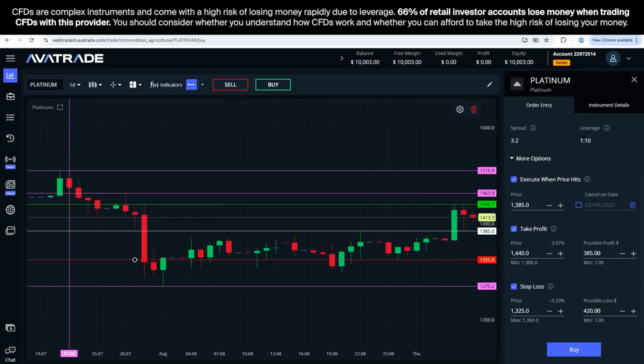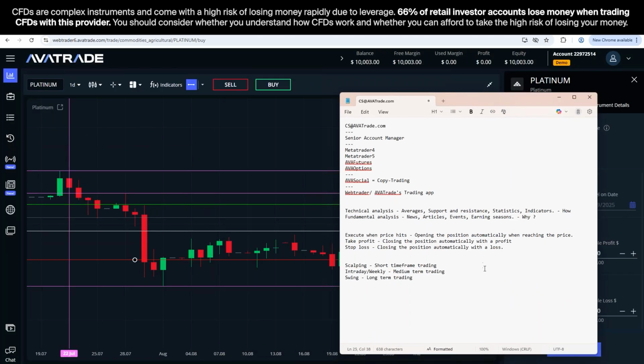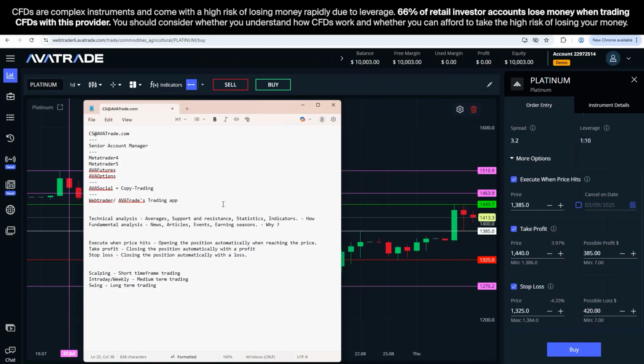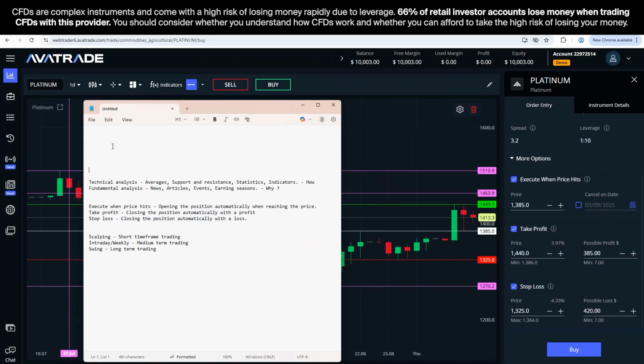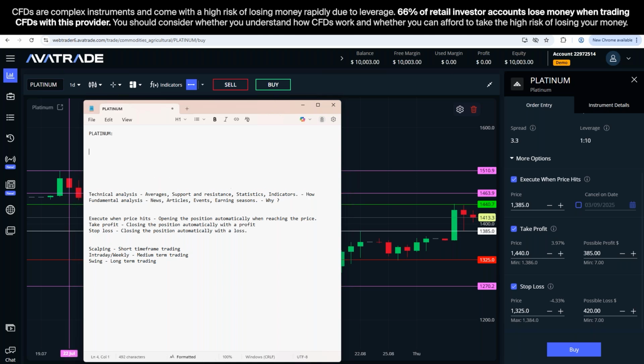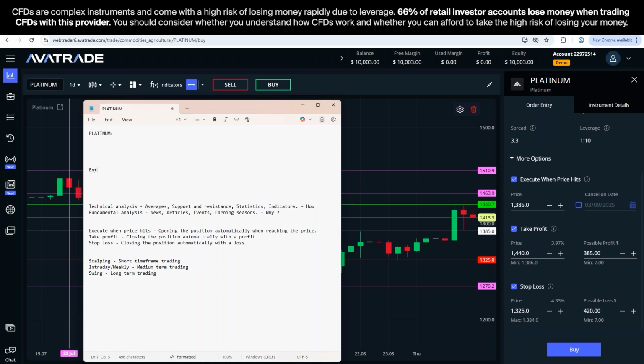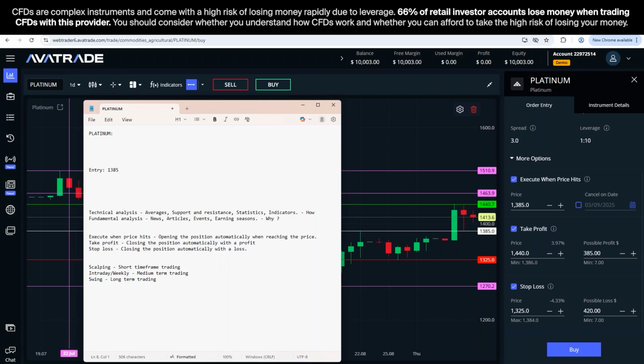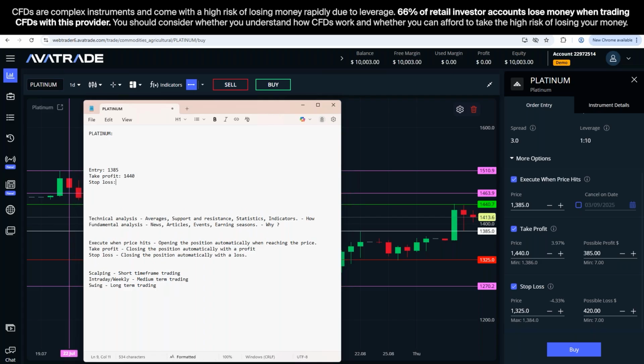Okay, now we're going to see how far we are from the entry. So we'll put here the name of the instrument, platinum, and then we're going to put the values that we chose. Our entry is 1385. Our take profit is 1440 and stop loss is 1325.